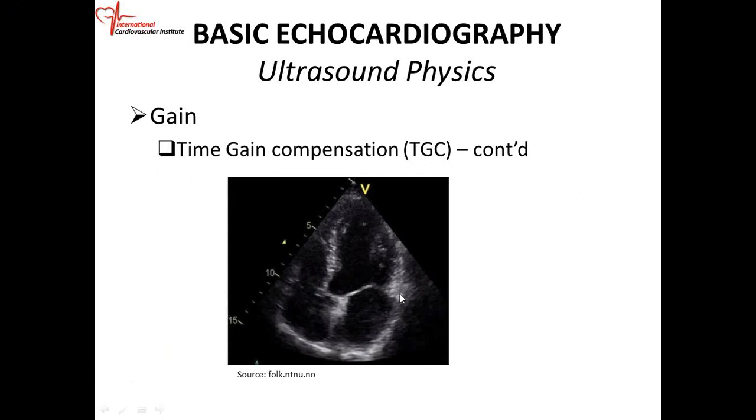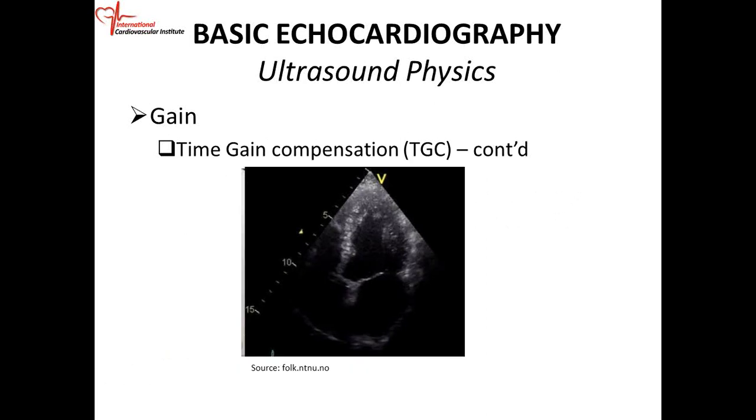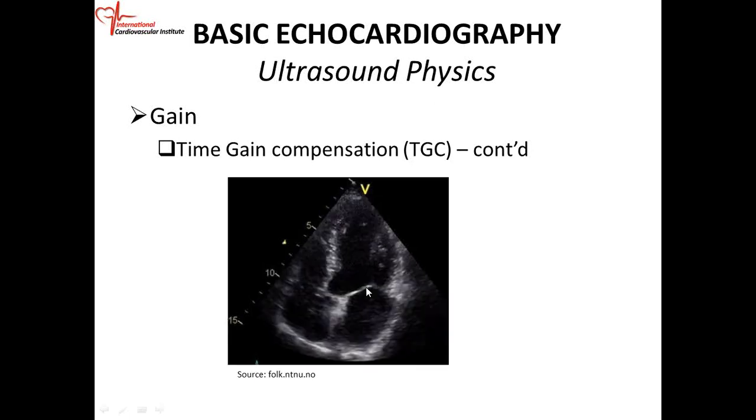So by just adjusting the return signals from deeper structures, then you can see your atrium much better. Okay, you don't want to increase your overall gain, because the more proximal structures you can see fairly well. It's just the more distal or the deeper structures that you're not seeing clearly. So by adjusting the TGC, you can see the deeper structures.